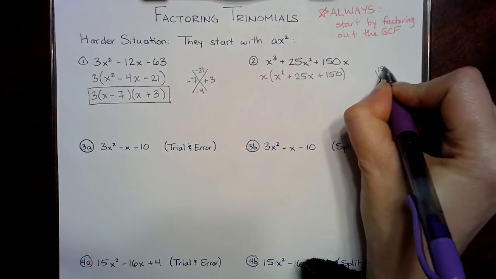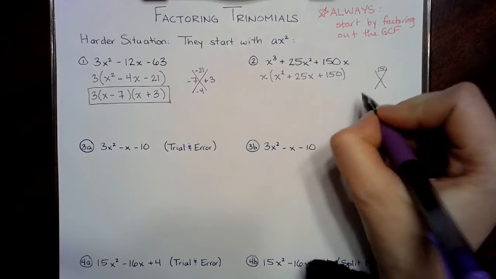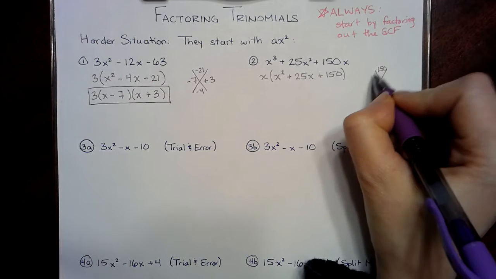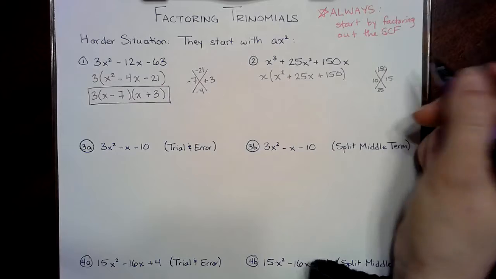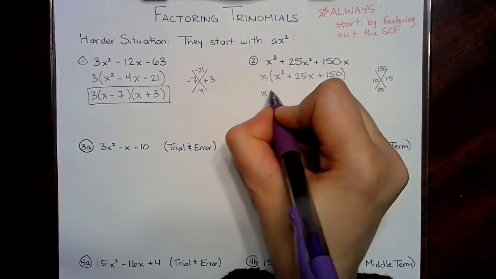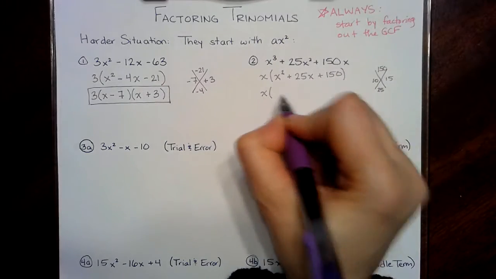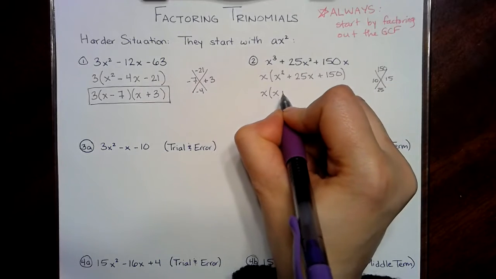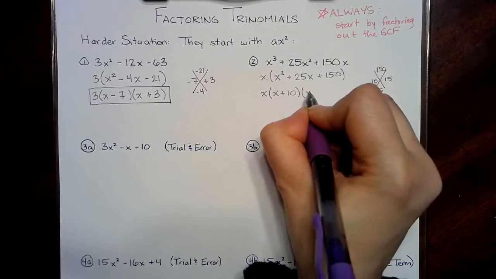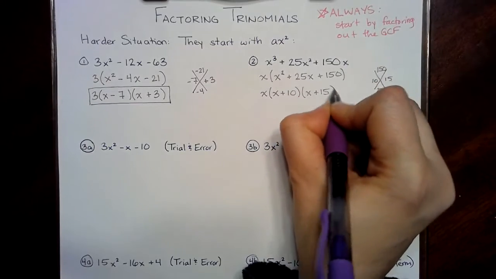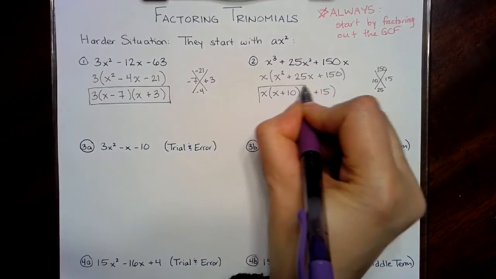I'm going to be looking for two numbers that multiply to 150, add up to 25. 10 and 15 will do that for me. So my final answer still has the x in front, and now I'm going to get inside x plus 10 and x plus 15. And there's my final answer here.